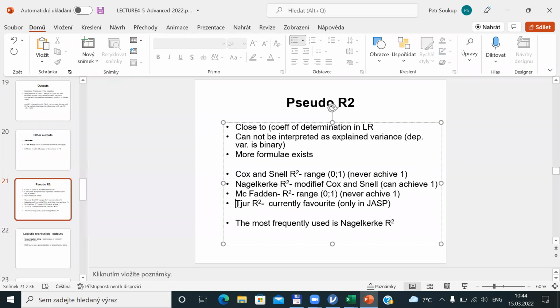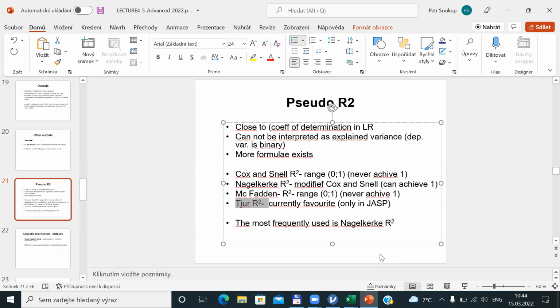And there is also information that currently it is also very common to apply the so-called pure R-square or pseudo R-square. I would say this is maybe the favorite, especially for statisticians, as the properties of this pure R-square are maybe the best, but it's not implemented in jamovi, it's not implemented in SPSS, it is implemented only in JASP.